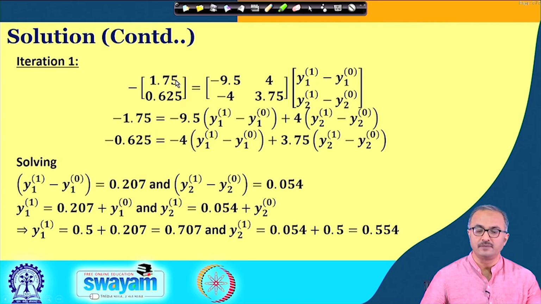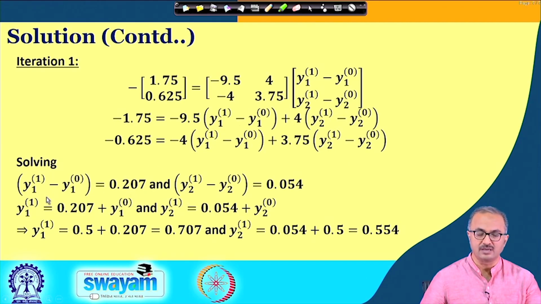In the first iteration, we simply multiply this matrix with the vector and we get this expression and this expression. Now you can see that we have two unknowns and two linear algebraic equations, and because it is only two variables, we can easily find the values of these two unknowns by rearrangement.